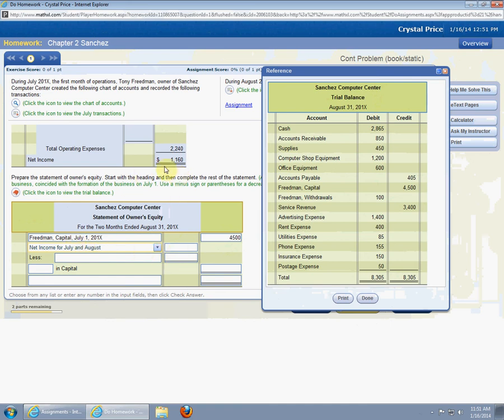The net income we get from our income statement was $1,160. We're going to subtract from that income any withdrawals that I took out for personal use as an owner. So here are the withdrawals. I took out $100. So it says less, and you're going to put your withdrawal account, or withdrawals for July and August, and put $100.